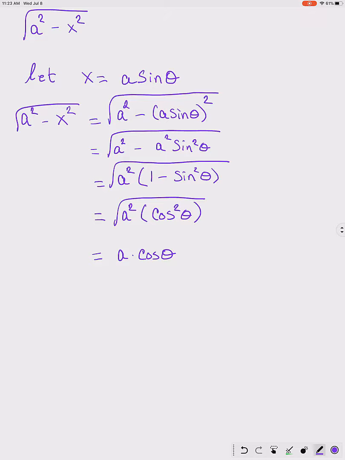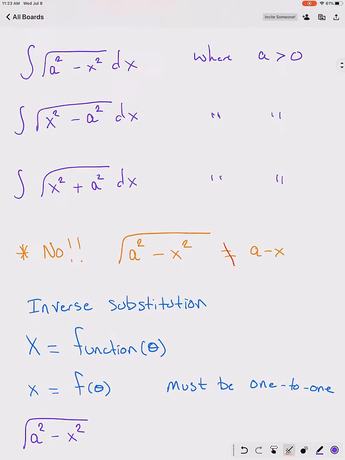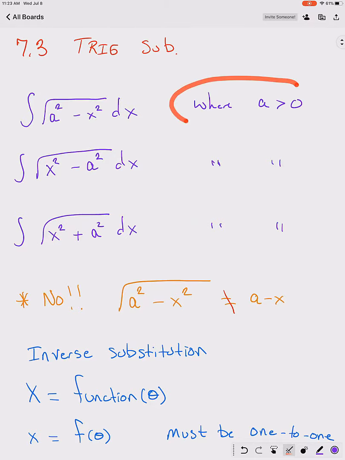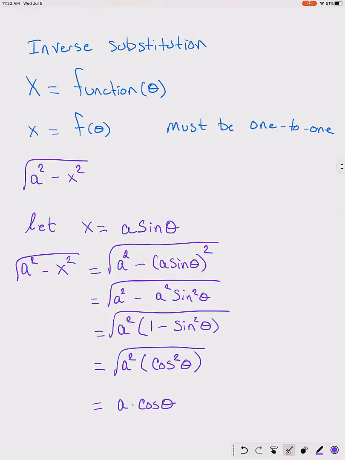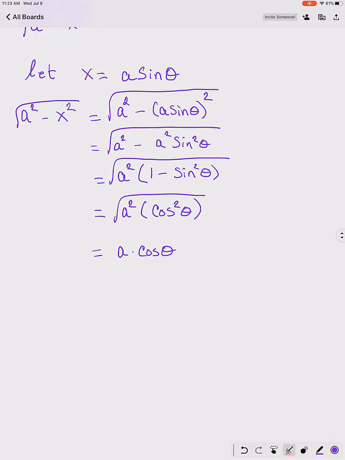Now we have to be careful here, because we were told originally that a is positive. But cosine can be both positive and negative, and we squared cosine in the step above. So we have to make sure that we add an absolute value symbol to that simplification.